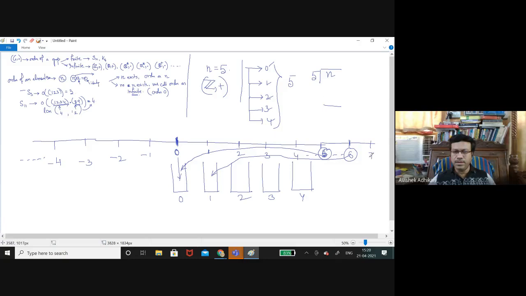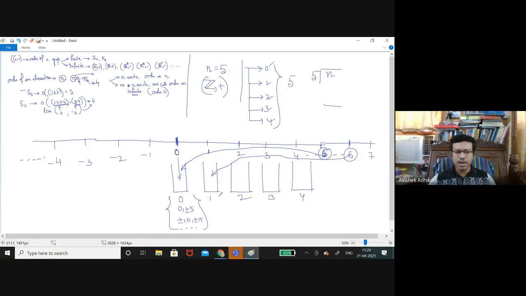Similarly, 7, and so on. So in this 0 bucket, what could be the elements? Like 0, plus minus 5, plus minus 10, plus minus 15, and so on. So there are infinitely many elements within this bucket.